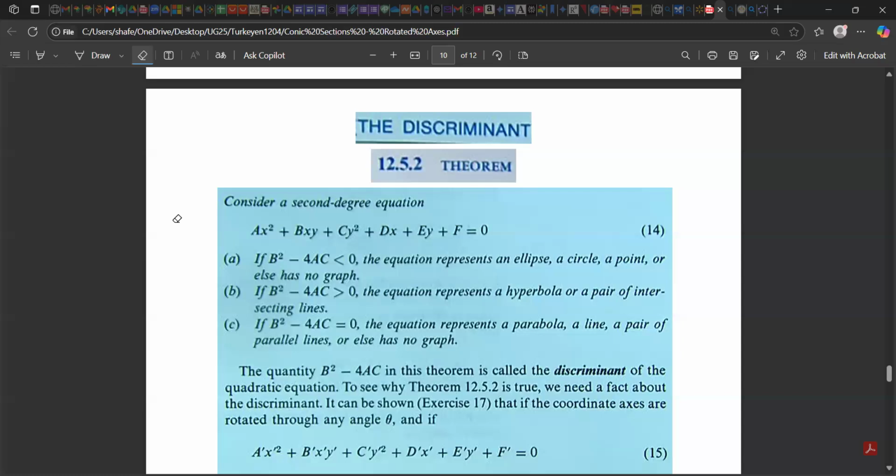And I was telling them that some students in times past asked, let's say you have some graph, and let's say you have this situation, B squared minus 4AC is less than 0. How do you distinguish whether it's an ellipse, a circle, a point, or no graph?